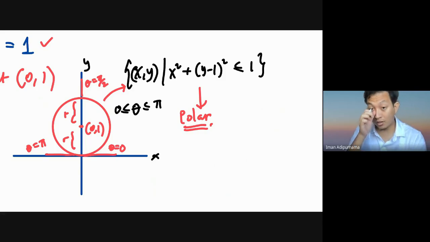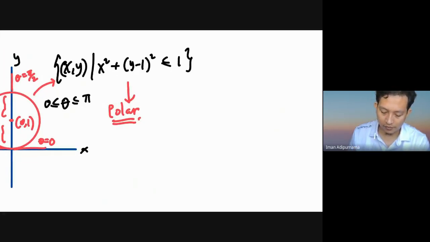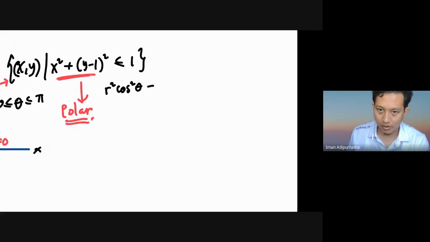And how about the r? Well, because we can convert from the cylinder equation to polar, we can write x is r cos theta. So we can write r squared cos squared theta, and then plus.